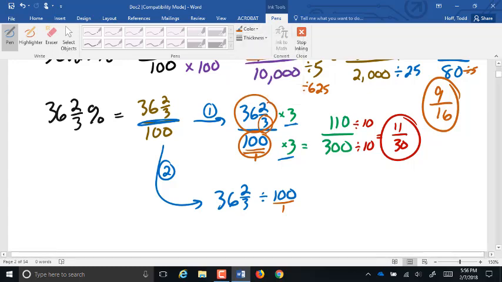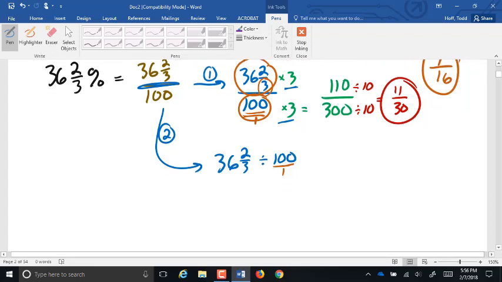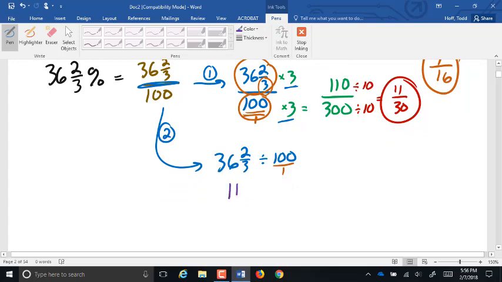When we divide mixed numbers like 36 2/3, we turn them into improper fractions. 36 times 3 is 108, plus 2 is 110 thirds. Again, that's just converting 36 2/3 to an improper fraction. Remember, it's whole number times denominator added to the numerator, gives you the new numerator.